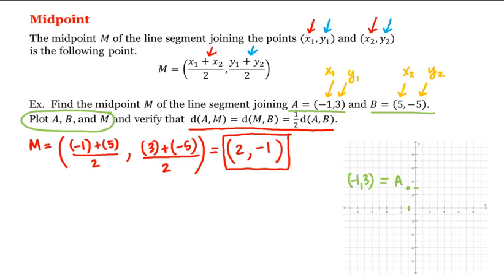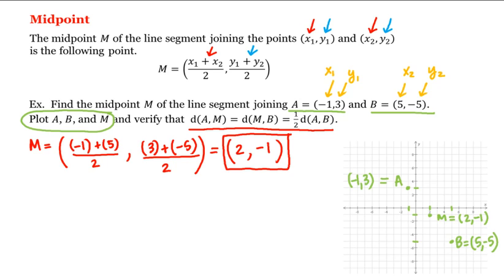B is located at 5, -5. So here's 5, and here's -5. So here's B at 5, -5. And we just found that our midpoint M is located at x equal to 2, y equal to -1. So M is right here at 2, -1.